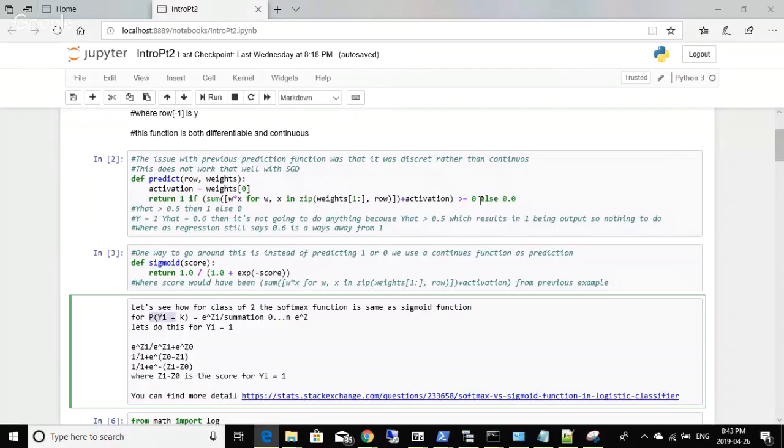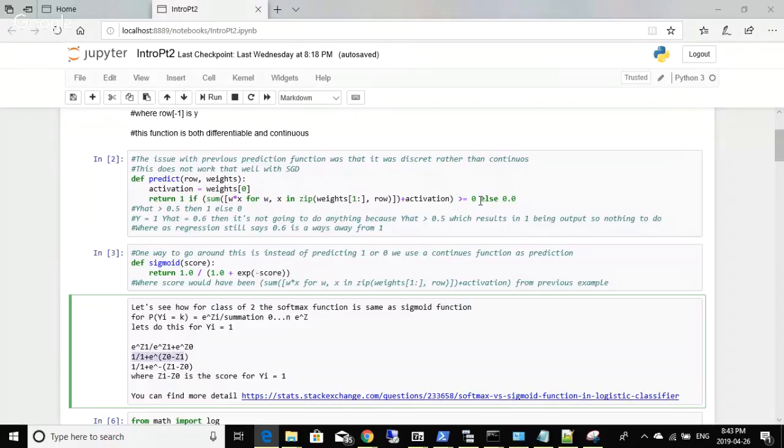One way to derive that: the equation for softmax is like this, and we can do it for y equals 1, and it results in something like this.